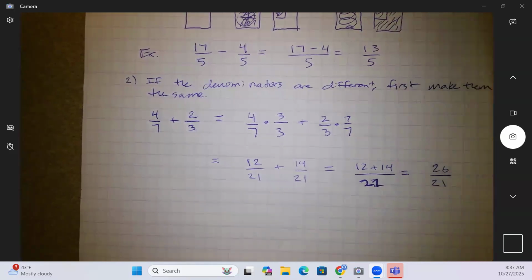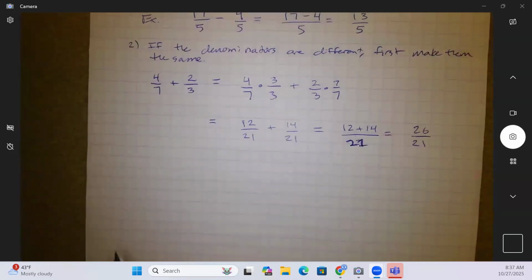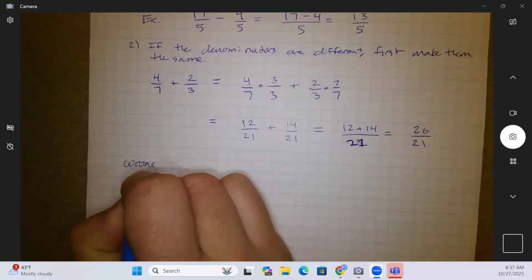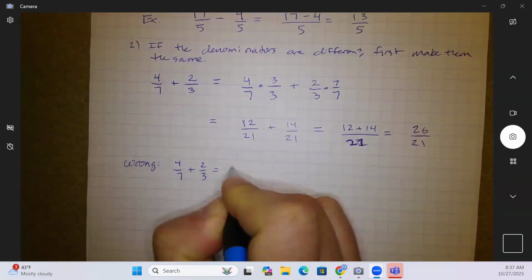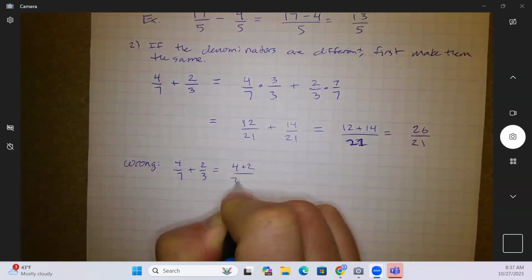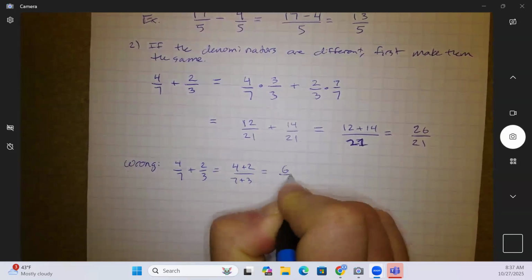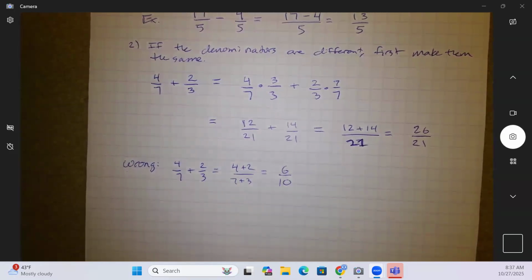If I did it the other way, if I did it the wrong way, and I said 4/7 plus 2/3 equals 4 plus 2 over 7 plus 3, I'd have 6 out of 10. Right?